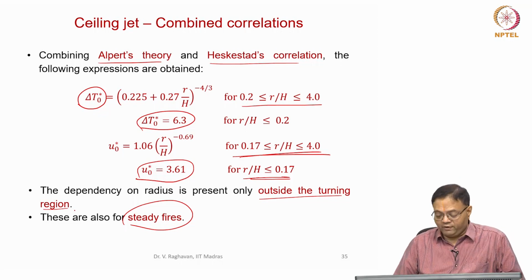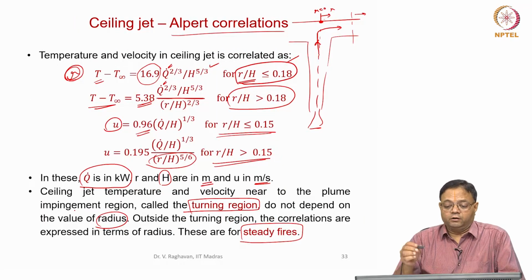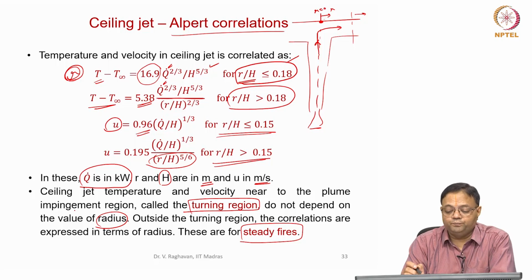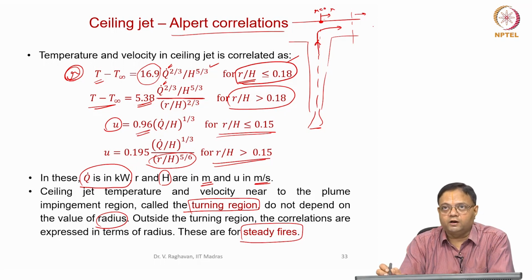So what we have done here is that the Alpert correlation suggests that the solution for temperature and velocity depends upon whether we are looking at the turning region or the far region.